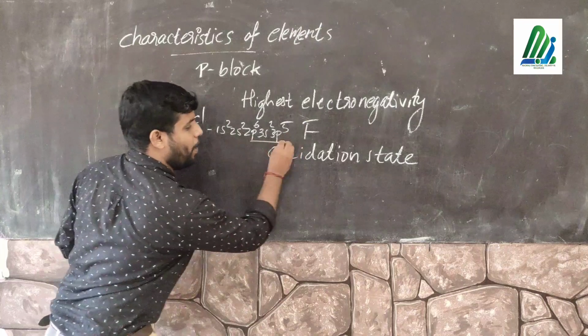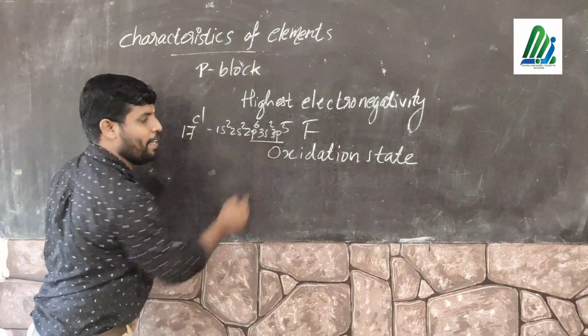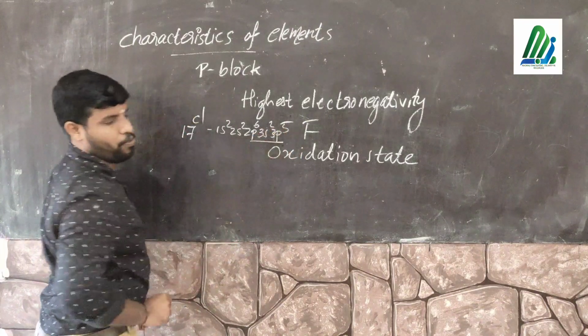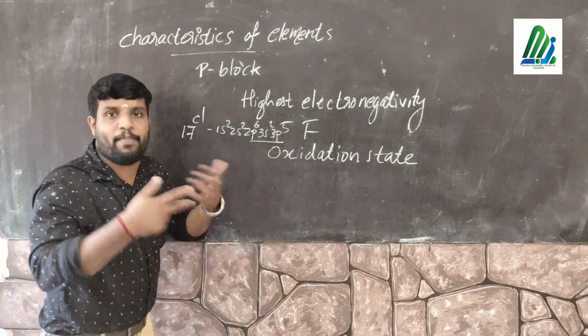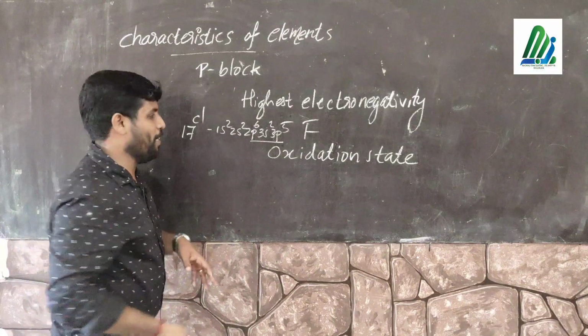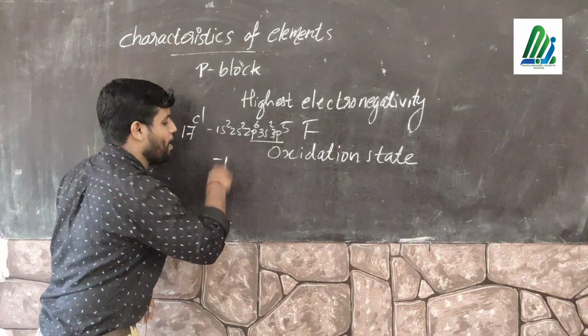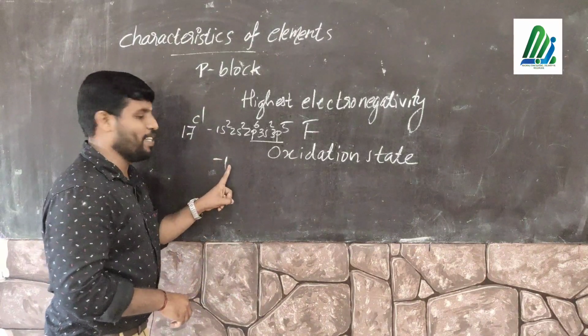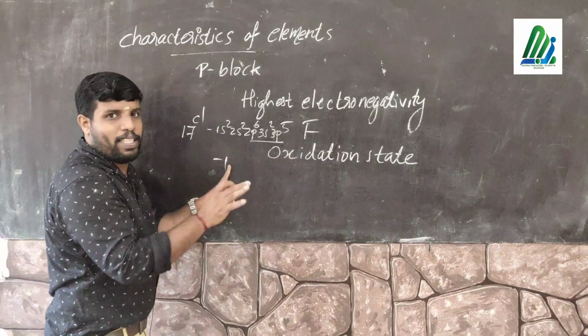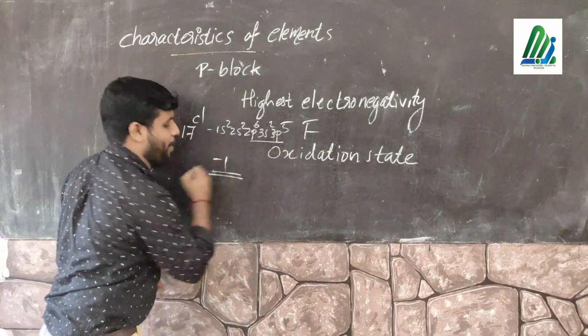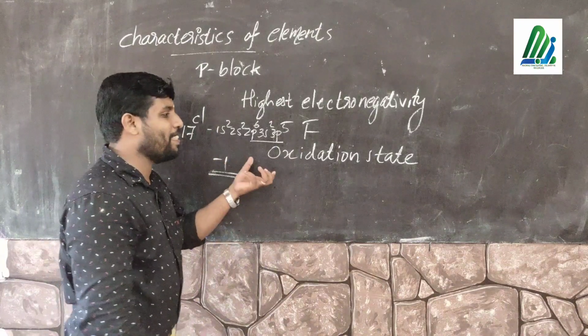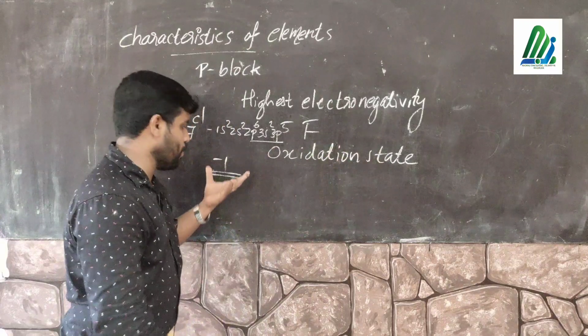The valence shell, the third shell, contains 7 electrons, so it is easy to accept one more electron to attain stability. One electron is accepted, so -1. That is the oxidation state. For chlorine, the oxidation state is generally always -1, so it has a fixed oxidation state.